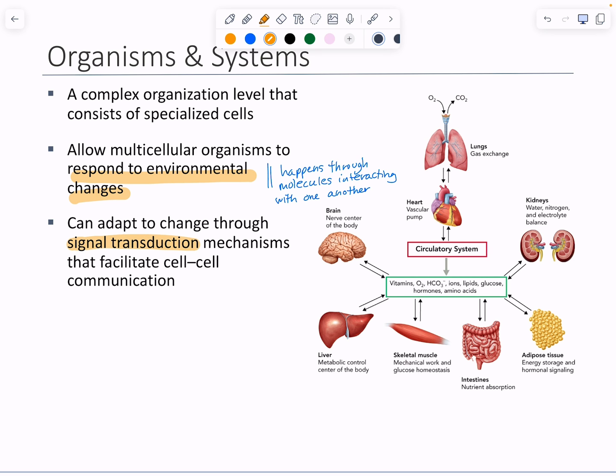So this is really how a molecular interaction results in a response. And that response will be to some change in conditions, right?